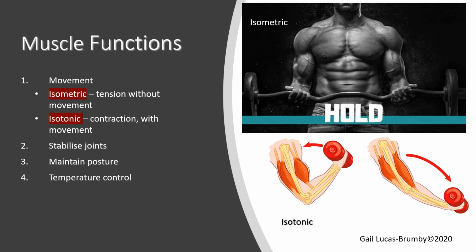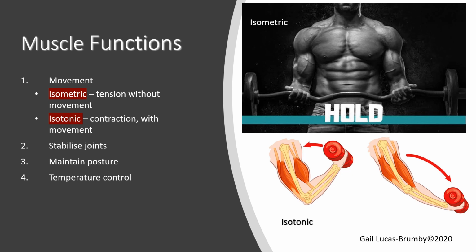However, the arm that is filling up the glass of water would be moving, and that would be an isotonic contraction with movement. Because as we can see in the bottom picture, we've got a flexion and then an extension, a flexion and an extension. So that's an isotonic move.